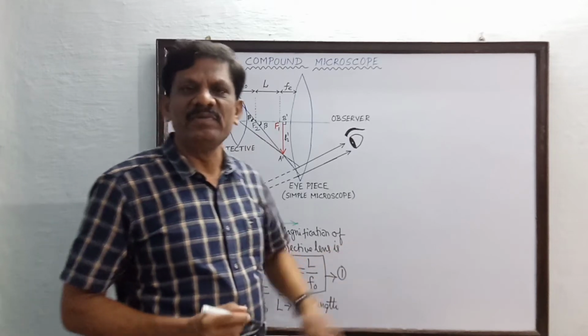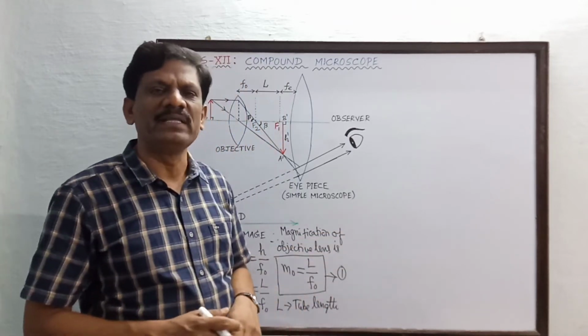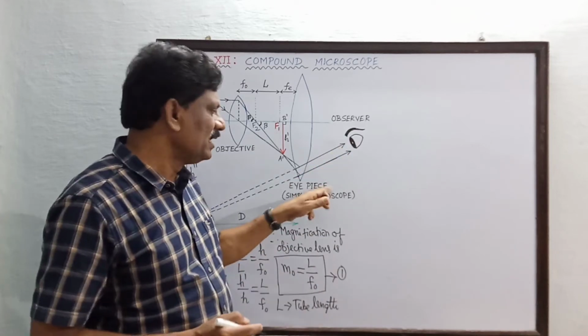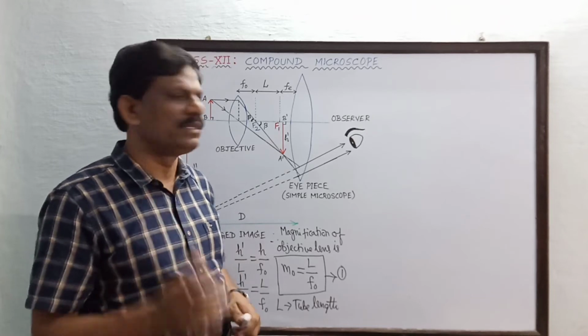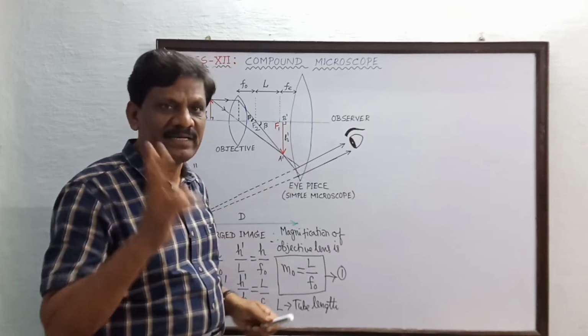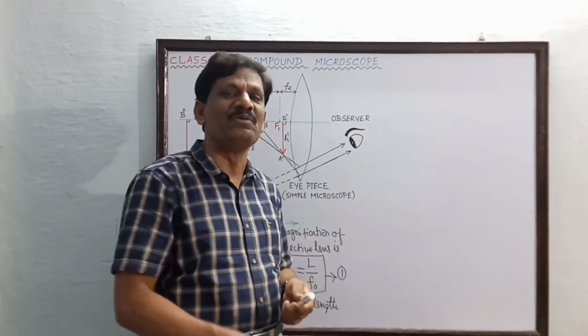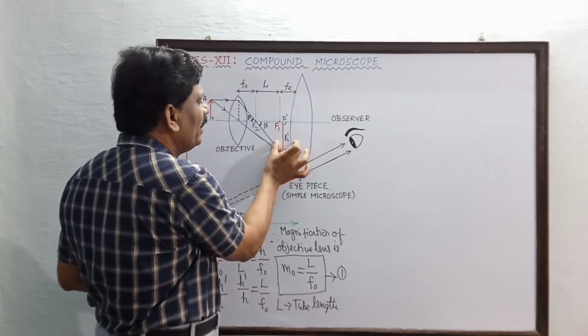Like this we are going to derive another expression for the magnification produced by the second lens, that is the eyepiece. And now in this picture we have shown that the object A dash B dash for the second lens is nothing but the image produced by the first lens, and also where it is placed within the focal distance.